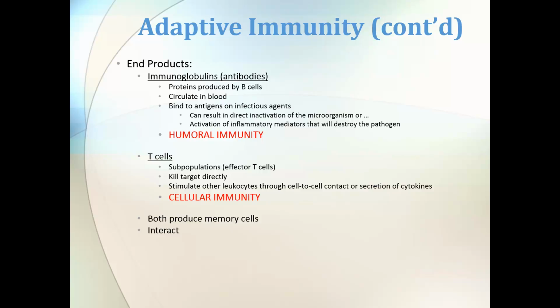Now, forever after, they release these sort of surveyors, so to speak, or surveillance systems that float around in the blood. So the next time that you're infected by this same pathogen, the response is that much more effective and that much more quick because they have memory to that specific antigen.